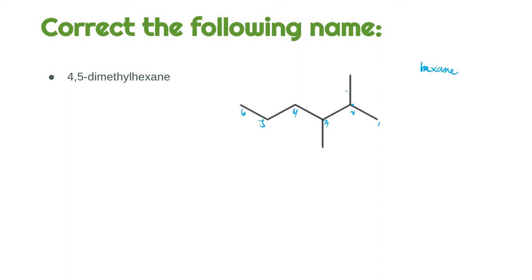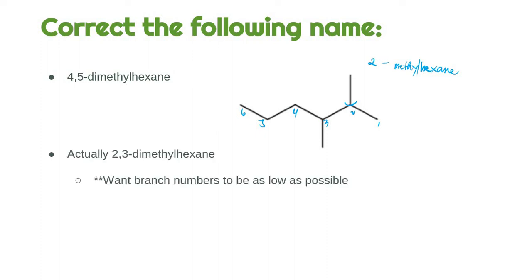Okay. How about this? 4,5-dimethylhexane. So start here again because this is closest to 1, 2, 3, 4, 5, 6. So this is a hexane, but you have a branch at methyl 2. So this is 2-methylhexane. Oops.